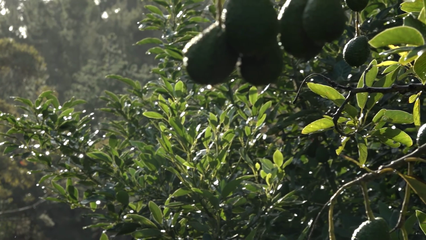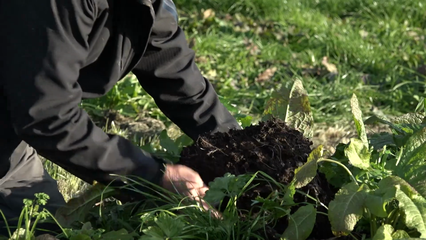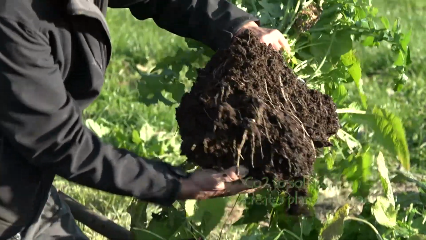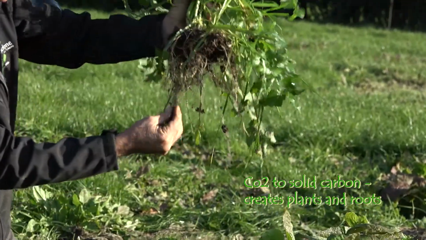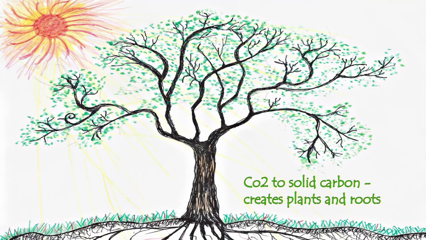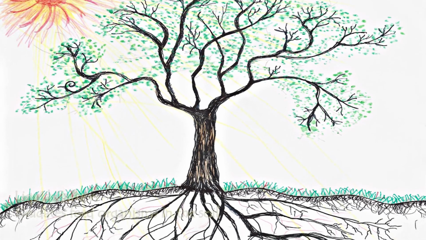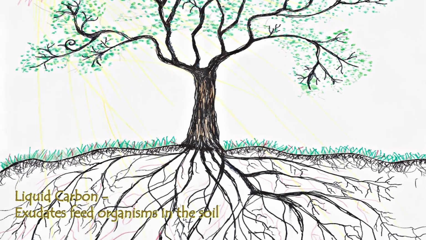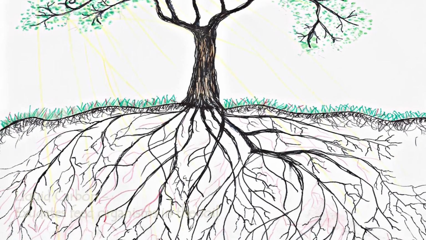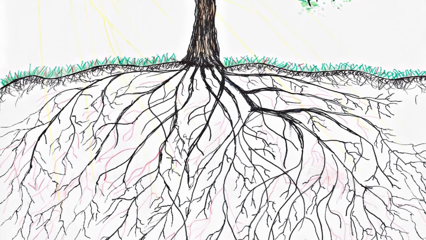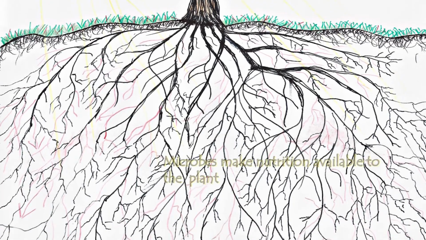It does this amazing thing called photosynthesis, where it turns carbon dioxide in the air into carbon in the plant and carbon in the root, which feeds the soil biology as it dies and breaks down. It also has another process where it converts carbon dioxide into a liquid carbon, which it turns into an exudate that pushes out into the soil and directly feeds the soil biology, the bacteria and fungi.